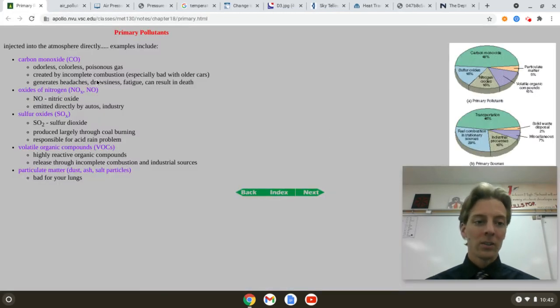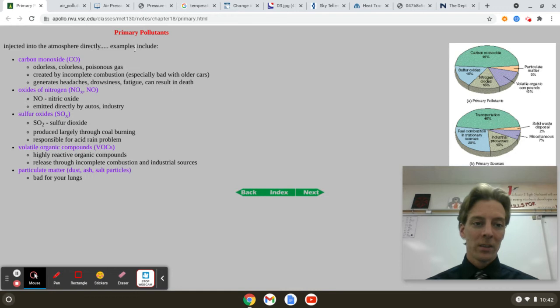Here's my chart. So carbon monoxide, things inject direct pollutants. Carbon monoxide, nitrogen oxide, whether it's nitrogen dioxide or trioxide, or sulfur dioxide, VOC, volatile organic compound. You'll see a lot of paint now is sold as low VOC, and that it doesn't have this pollutant in it anymore.